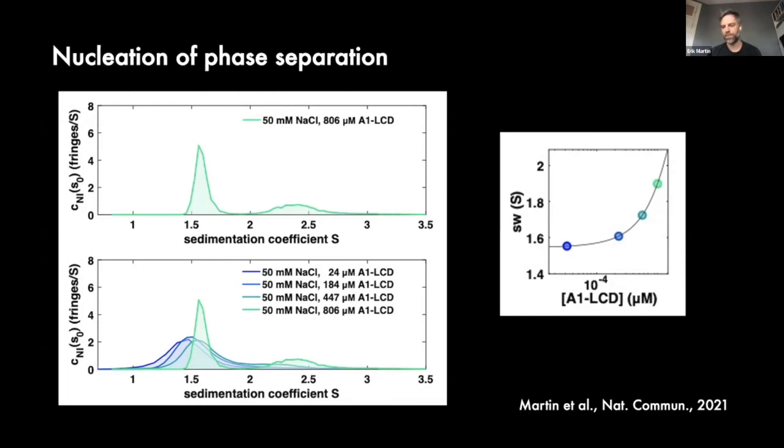You would expect fluctuations in density of the system as individual molecules are added or subtracted from the clusters. But instead, we have to model this with a two-state model, which suggests that there is a barrier to the original oligomers forming, after which you can start adding additional molecules with a similar KD to what you'd expect from homogeneous nucleation theory.